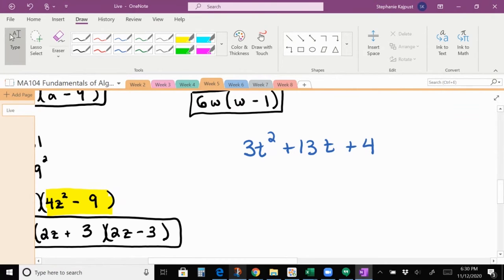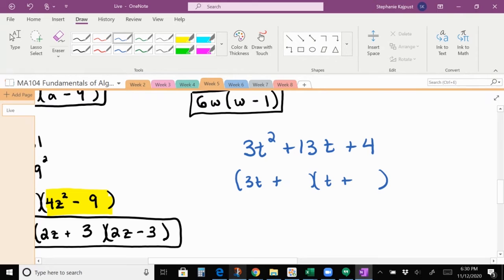So I would do it by guessing and checking because the combination numbers to get to 3, there's only 1 and 3. There's only one choice there. So I know I have to have a 3t and a t. So that limits my guessing and checking already because I know what the fronts have to be. Because all the signs are positive, I know all of these have to be positive.